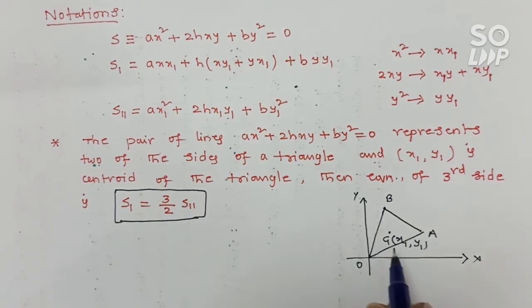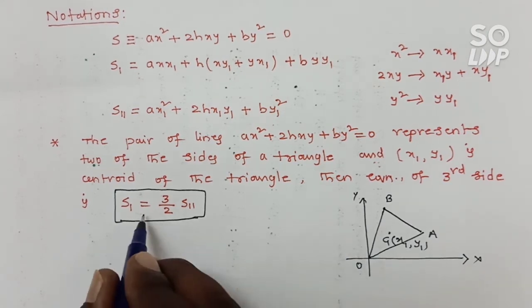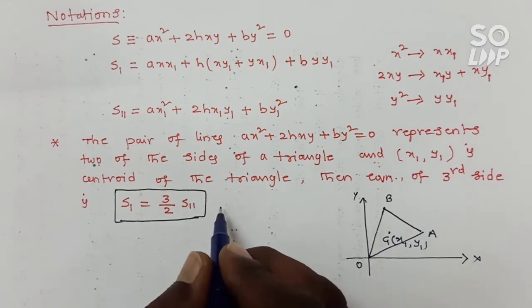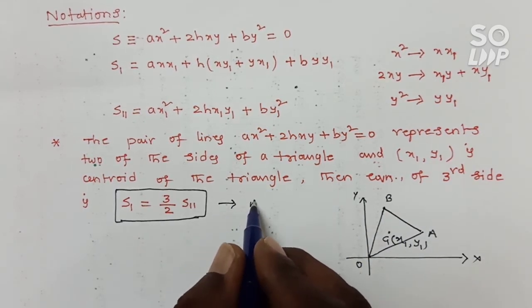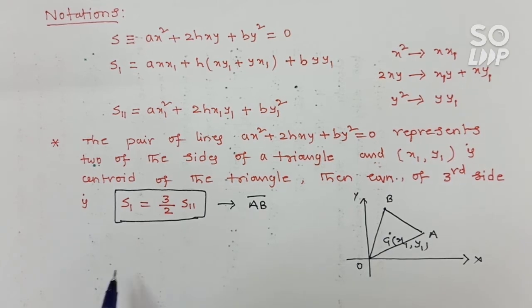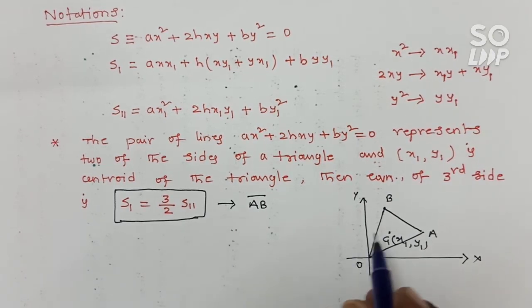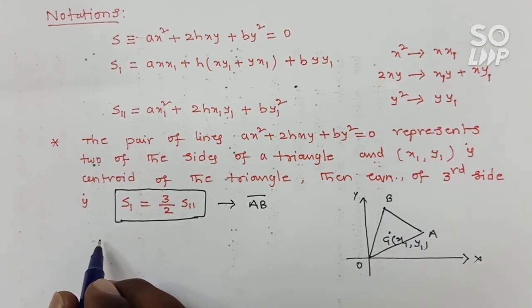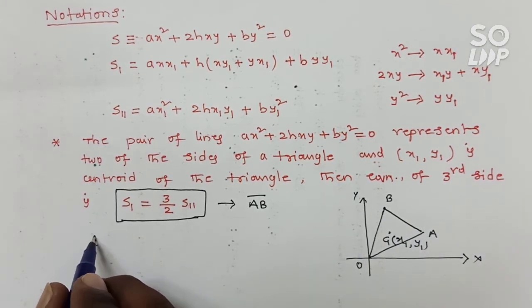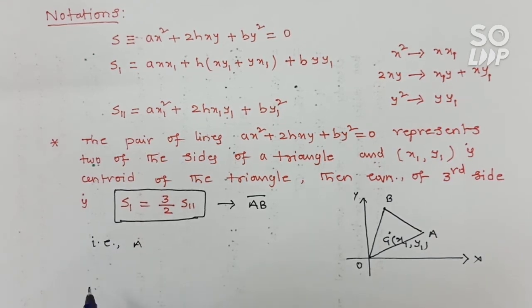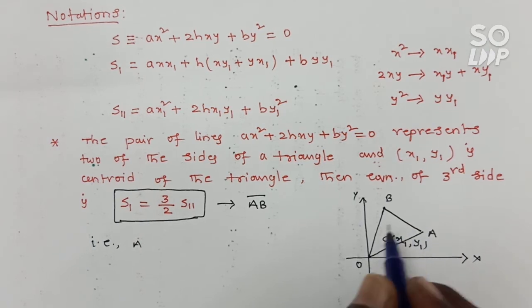So when the centroid is given, the third side of the triangle, AB, is represented by this equation. What is the meaning of this one? Here the third side AB passes through the midpoint of AB.